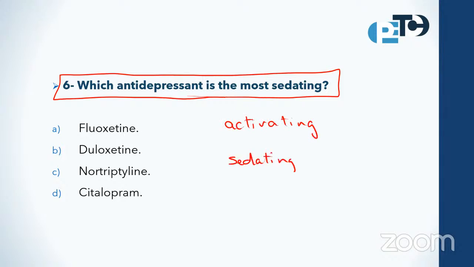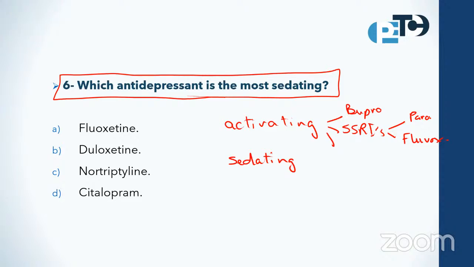The activating groups include bupropion and the SSRIs except two of them, paroxetine and fluvoxamine. They are sedating, while the others are activating.